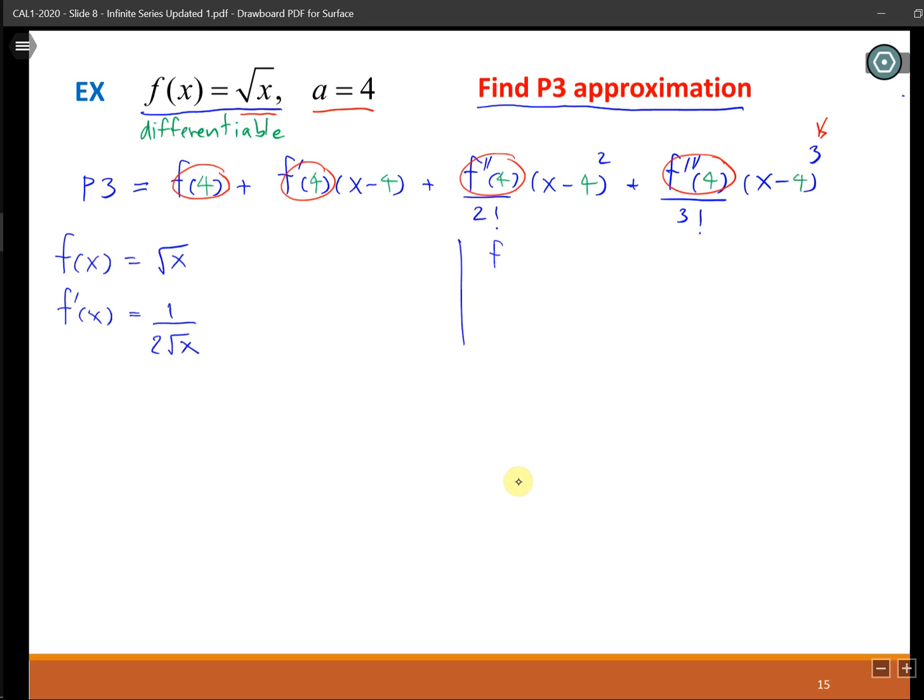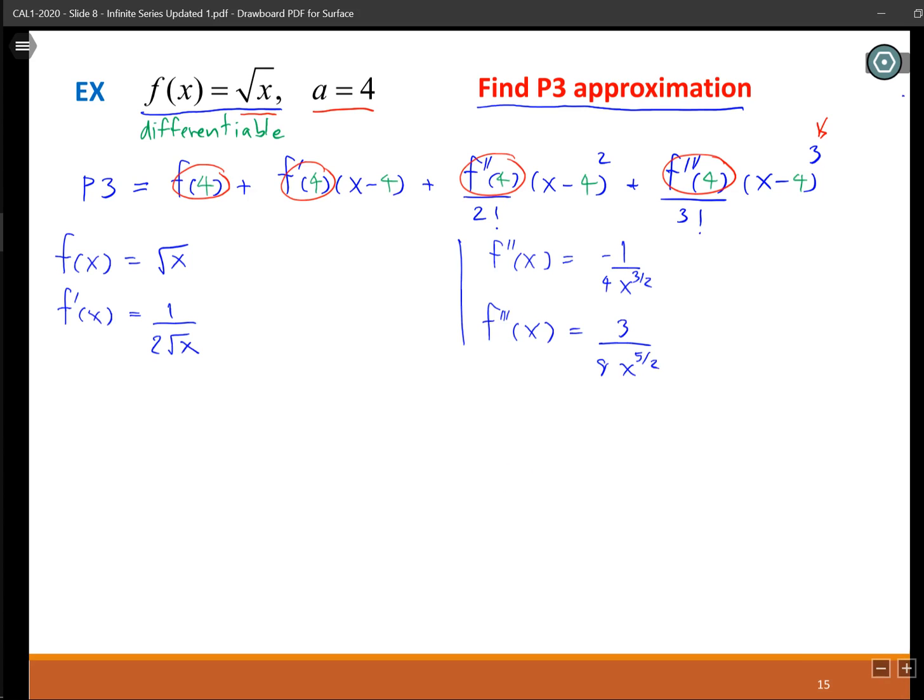So we get f double prime of x equal to minus 1 over 4 x to the power of 3 over 2. And last one, the third derivative, f triple prime of x, let's differentiate this again, we get 3 right here, and then we get 8 down here, x to the power of 5 over 2. And we want to know these terms when x, or a, is equal to 4.